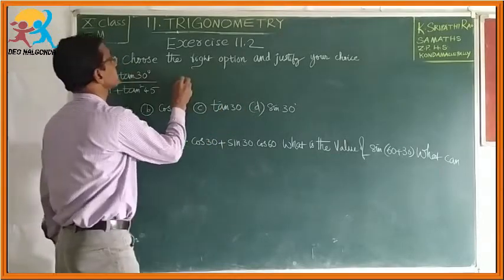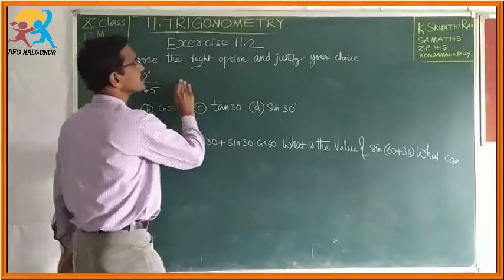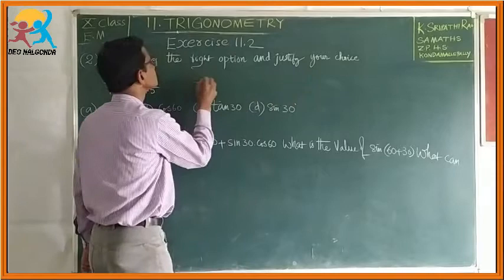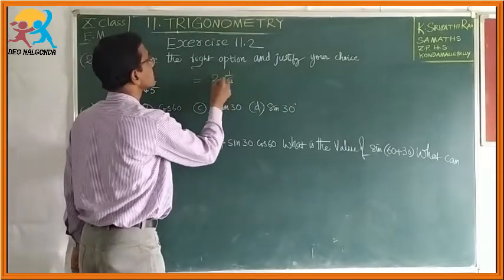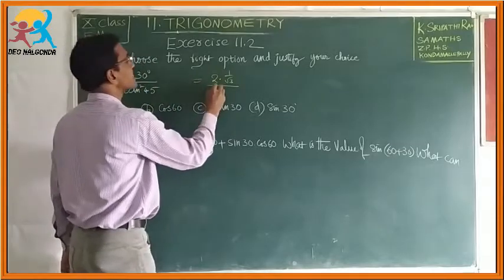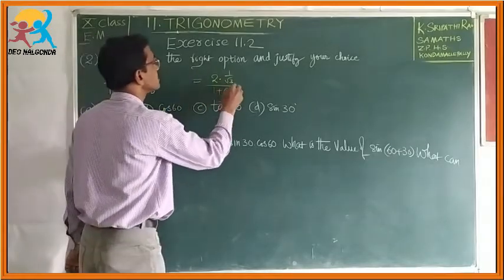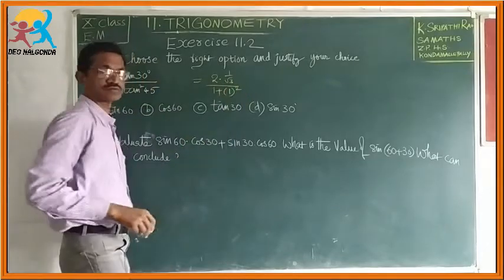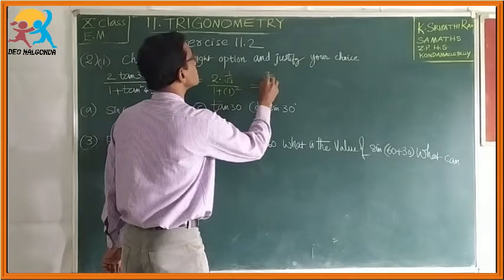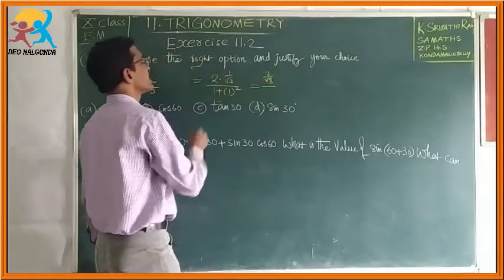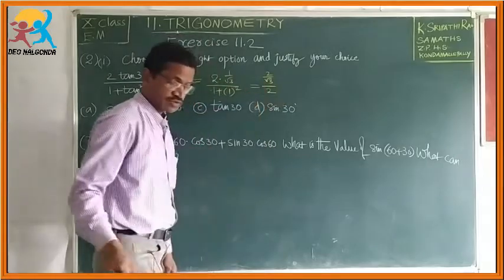First, 2 tan 30. We know tan 30 is 1 by root 3, divided by 1 plus tan square 45, and tan 45 is equal to 1 square. Here it is equal to 2 into 1 by root 3, divided by 1 plus 1 square, which means 1 plus 1, 2. Now how to solve this?